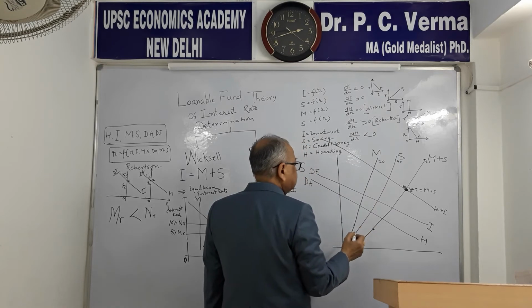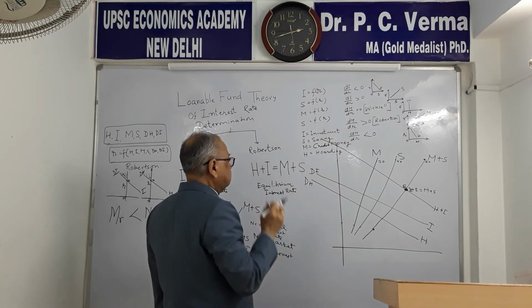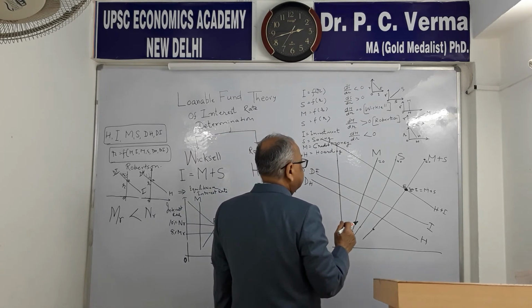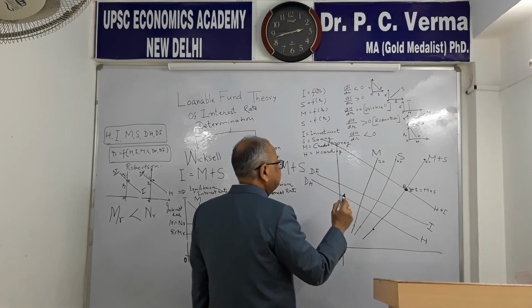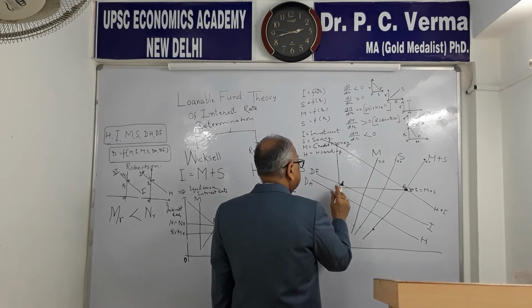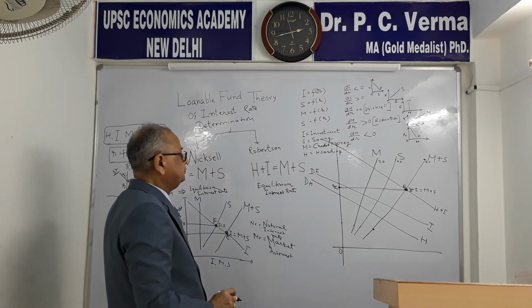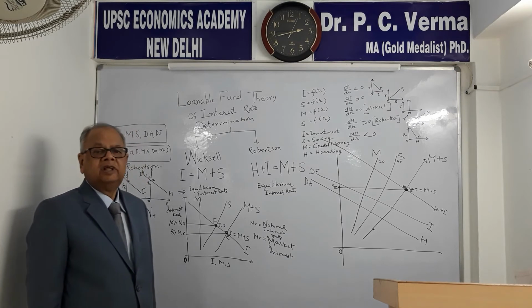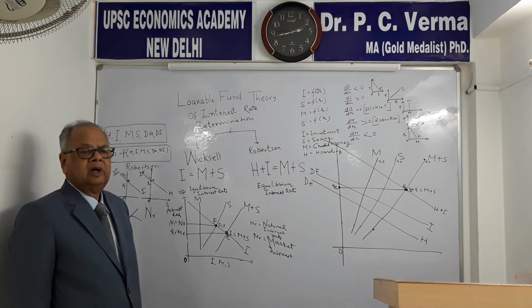And this is the interest rate. OR interest rate is determined. OR interest rate is determined by the intersection between the H plus I curve and the M plus S curve.